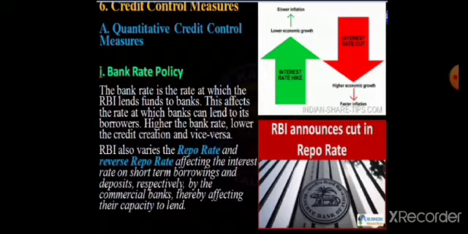You can see in the picture given at the side, when the interest rate is hiked, economic growth will be slower, and in the same way inflation will be slower as well, because of the increase in the rate of interest.